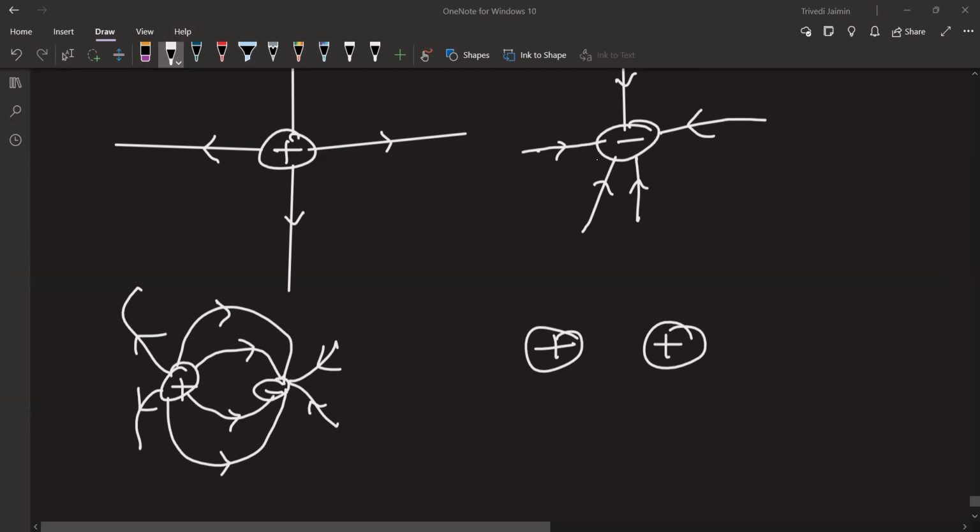Jeevan, what about you? Sir, I'm drawing, sir. Are you able to draw for the second one also? Yes, sir.